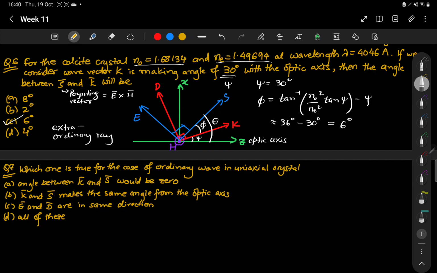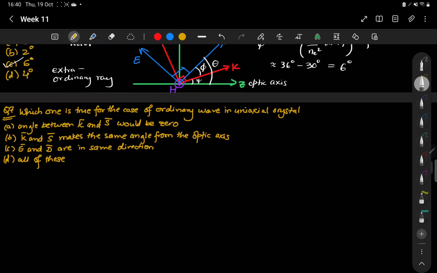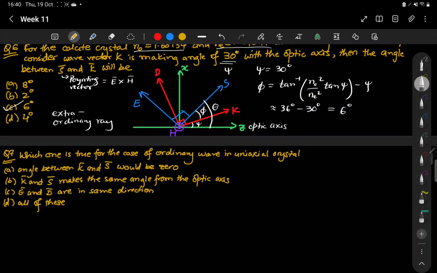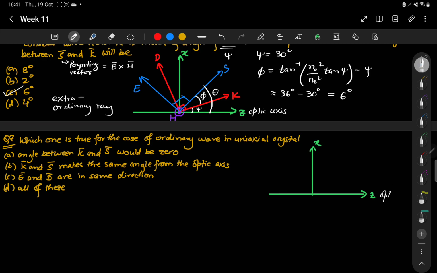Okay, let me discuss the answer. Let me once again draw this diagram. So here are my axes, Z, X, and this is the optic axis.